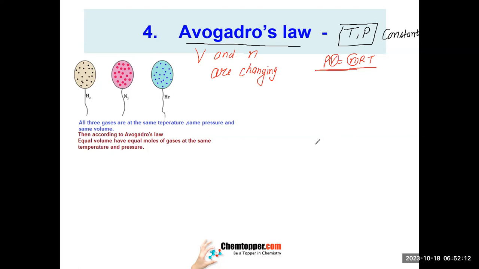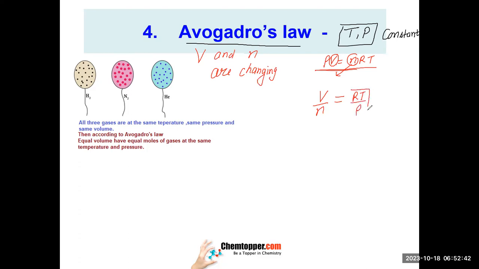See, n will go in the denominator, right? Here it is in the numerator, so it will go in the denominator. So V over n. Very good. RT over P.